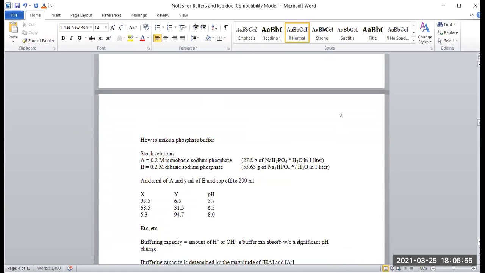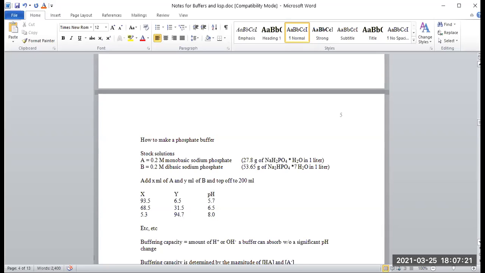And so the way that this works is usually you make up a recipe, some 0.2 molar of the sodium phosphate that has 1 sodium and 2 hydrogens. And you make up a liter of the other stuff, which has 2 sodiums and 1 hydrogen. And then you use a ratio.